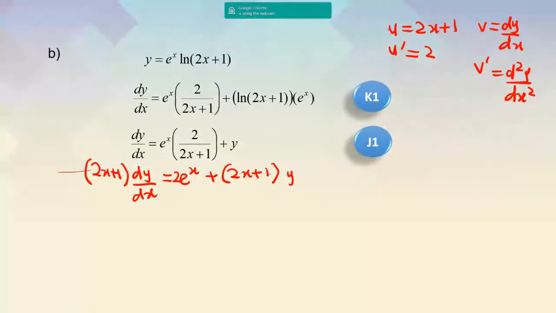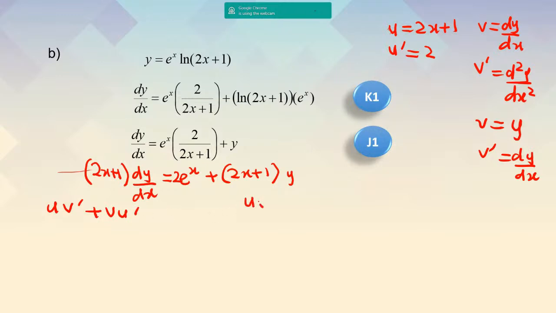Then this one, same u. Then v is y, v prime is dy over dx. Now substitute: u v prime plus v u prime.